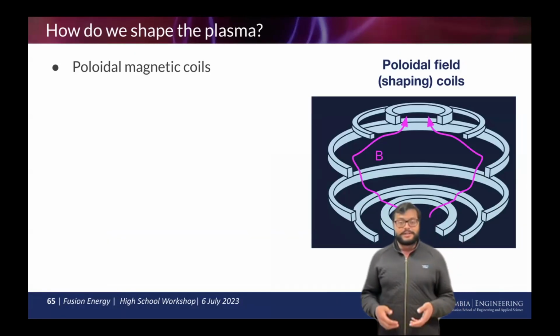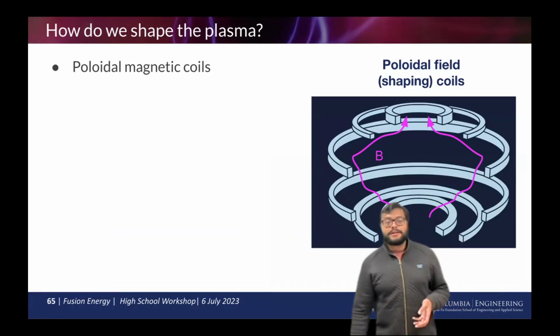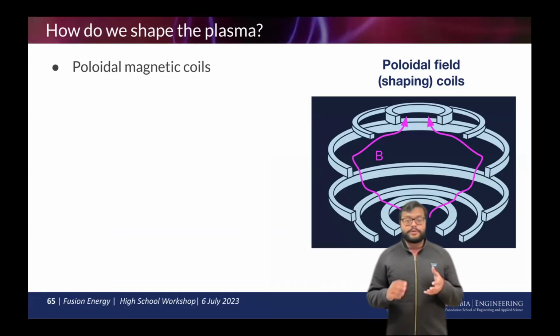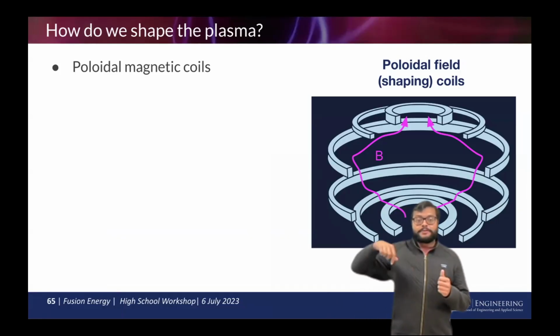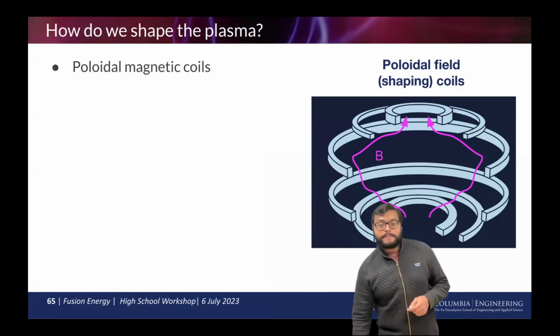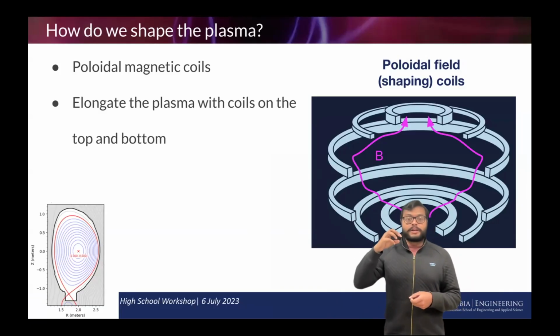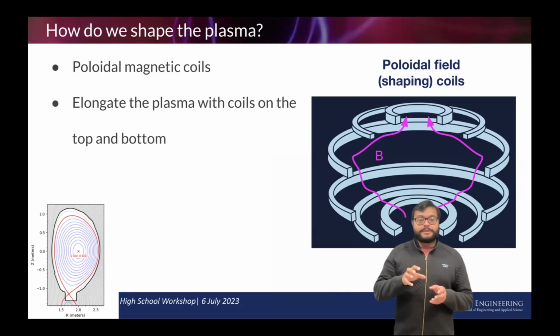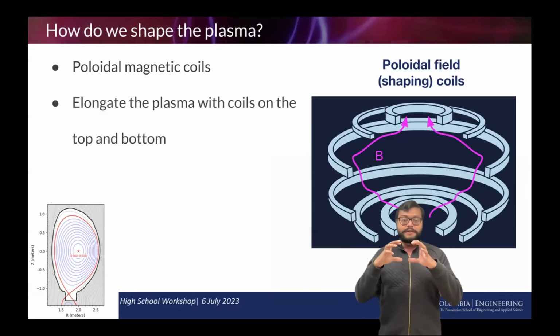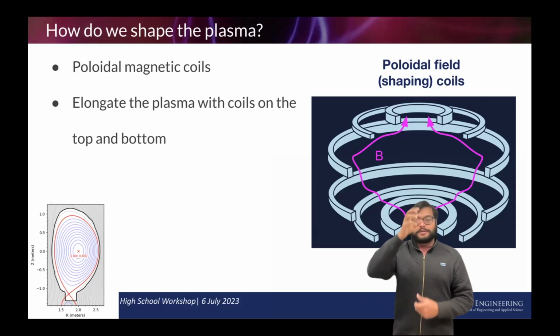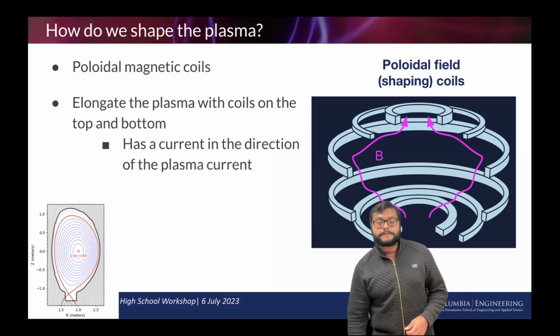Okay, so how do we actually shape the plasma? So we can have these poloidal magnetic coils that go essentially the long way around a tokamak. And if we drive a current in these coils, then we can actually elongate the flux surfaces that we were looking at before. And so now you'll see on the bottom left, instead of these circular flux surfaces, we have these more elongated flux surfaces.